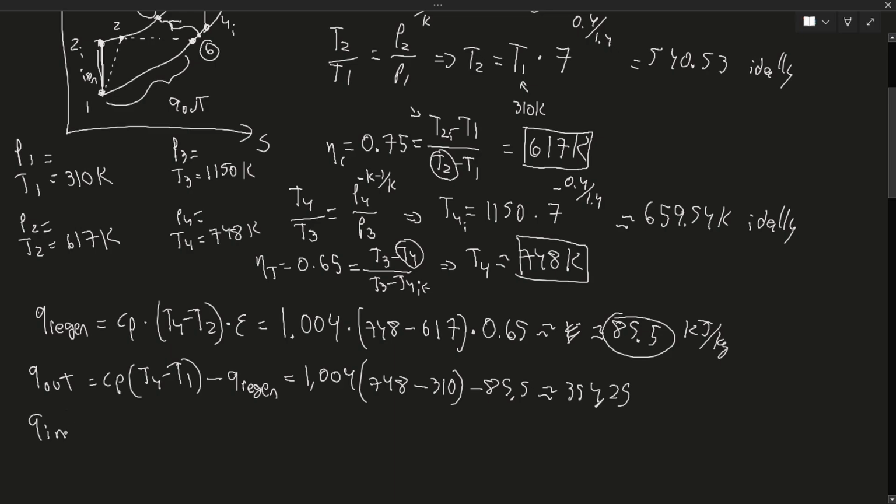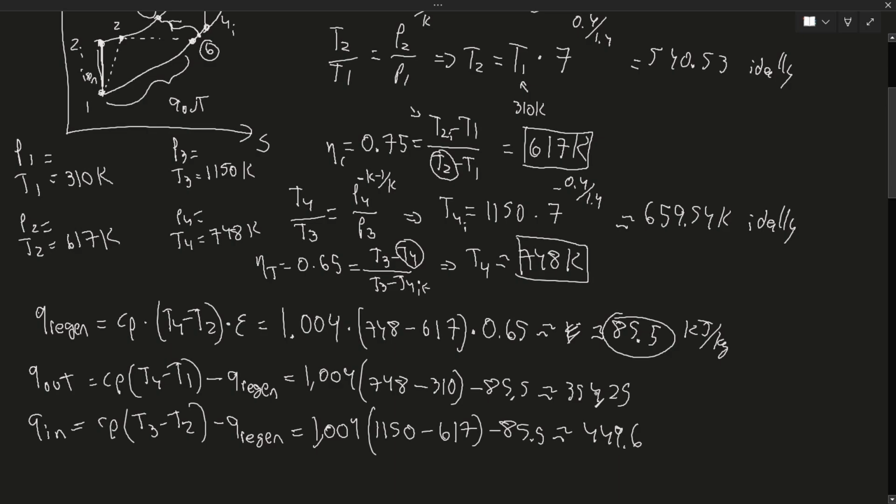Same thing with Q in: Cp times (T3 minus T2), taking the regeneration into consideration. 1.004 times 1150 minus 617 minus 85.5 gives about 449.6.